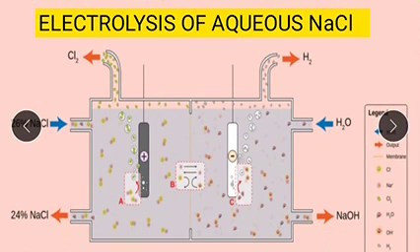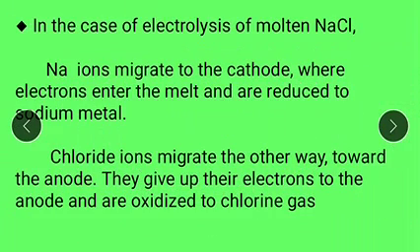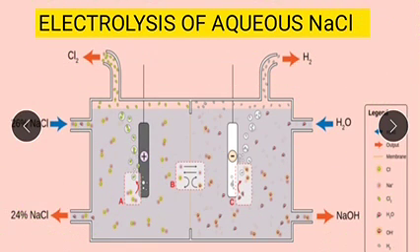In the last class we discussed the electrolysis process of molten NaCl. In the case of molten NaCl, sodium metal is formed at the cathode and chlorine gas is formed at the anode. Okay, let us discuss the electrolysis of aqueous NaCl.